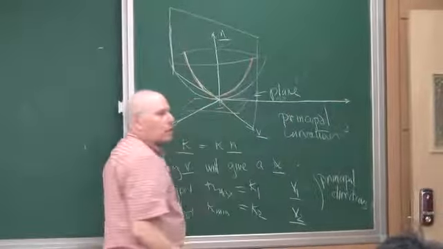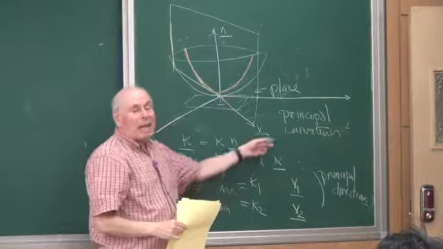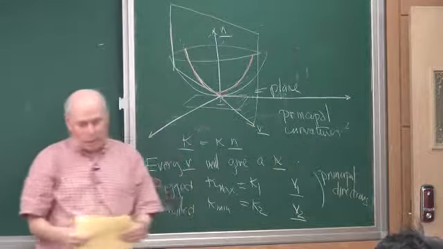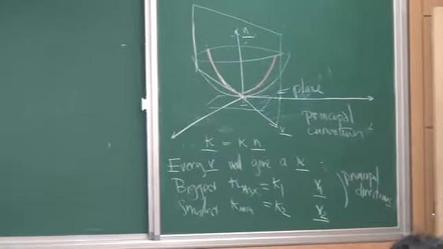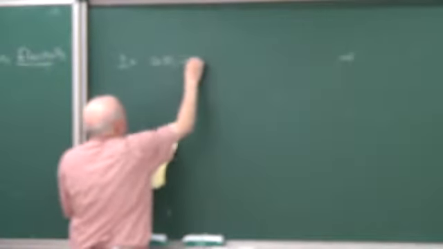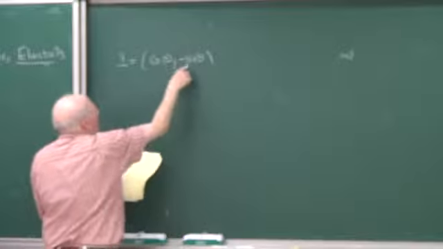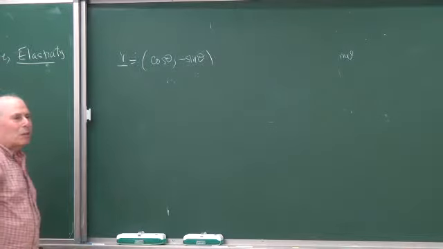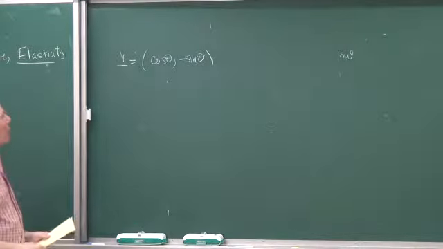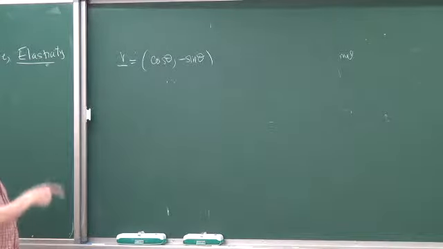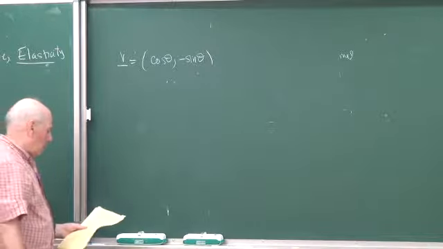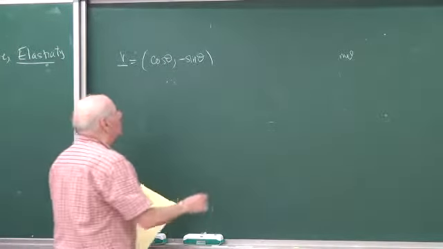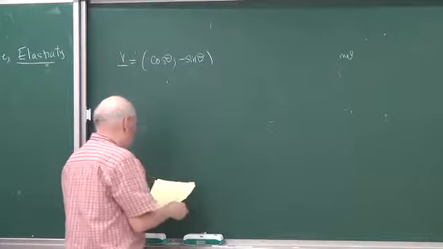I'm going to find the curvatures as a function of the angle theta when I run around the plane. I chose v equals cosine theta, minus sine theta. The minus and plus don't matter as long as you're consistent. That gives you points on the unit circle as you run around theta. So there's my vector v, a unit vector.